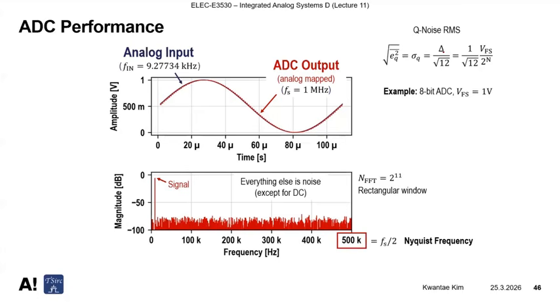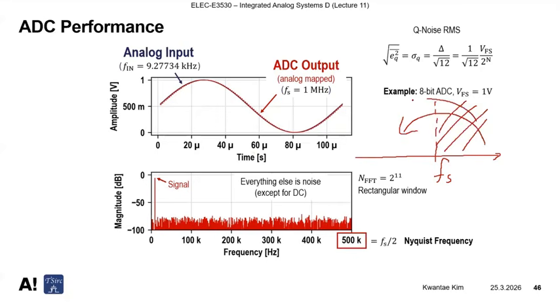Then I ran the FFT with a rectangular window, and the number of FFT samples is 2 to the power of 11. In this case, as we discussed many times in this course, we have aliasing when we take the sampling. Any frequency component above the sampling frequency will be aliased back to our signal band.